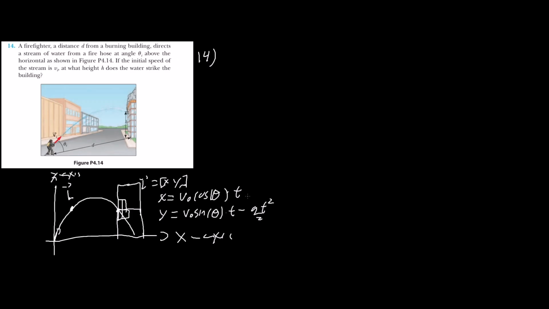The variables given are a firefighter at a distance x from the building, so in this case x would be d. And the angle is going to be the angle theta, so I'm just going to call that theta, above the horizontal. If the initial speed is v naught, at what height does the water strike the building? Wait, what is it asking?